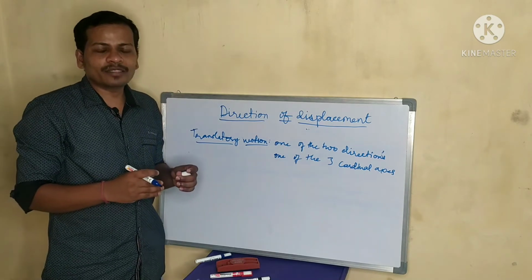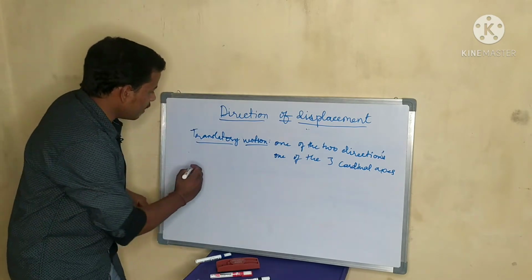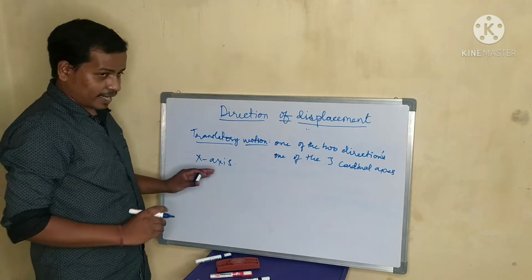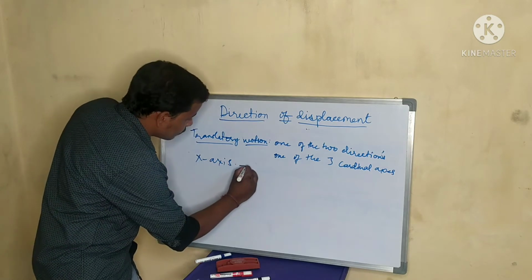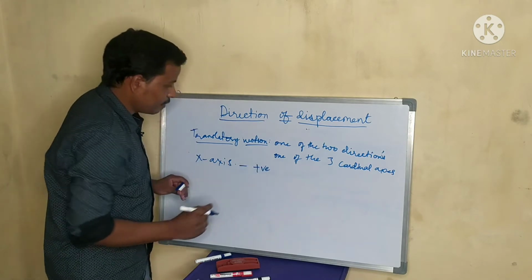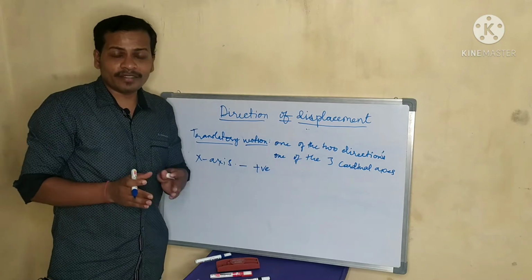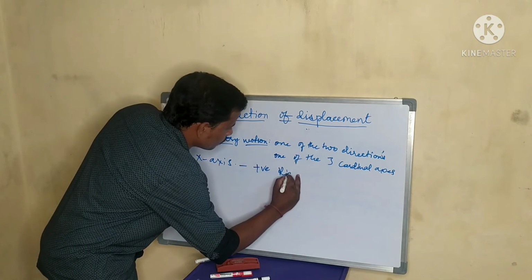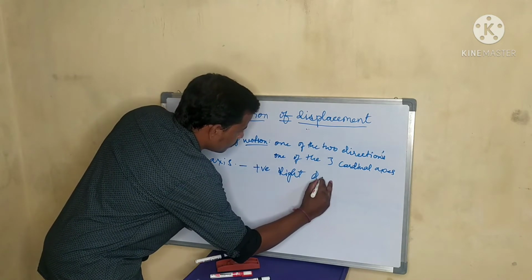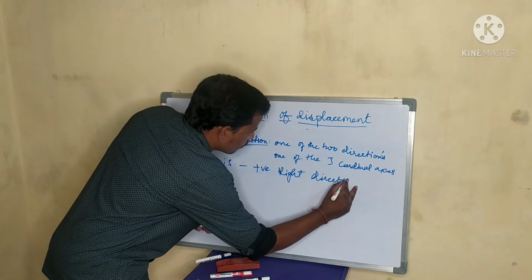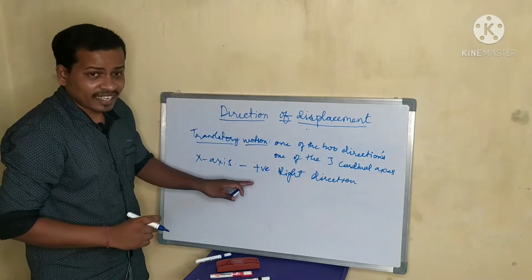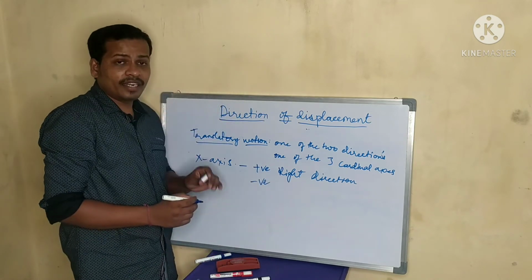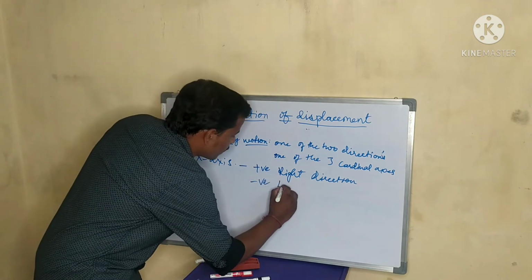If the linear displacement of a body segment is along the x-axis, it is designated as a positive sign if the displacement takes place in the right direction, and as a negative sign if the linear displacement takes place in the left direction.